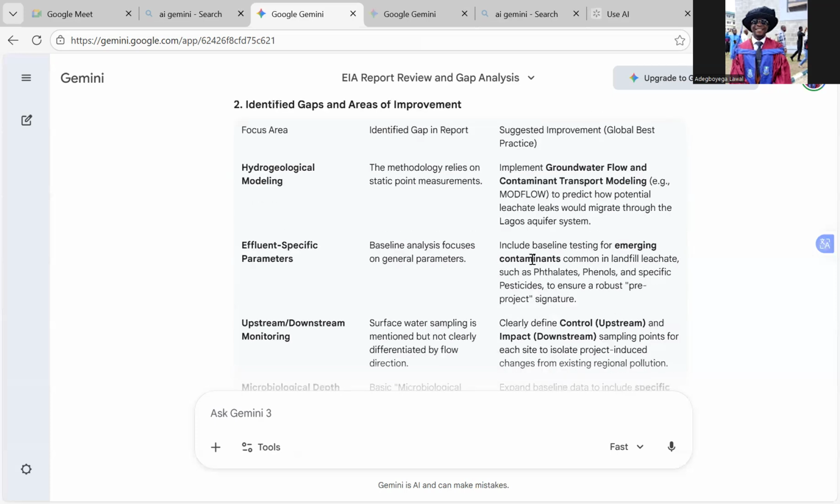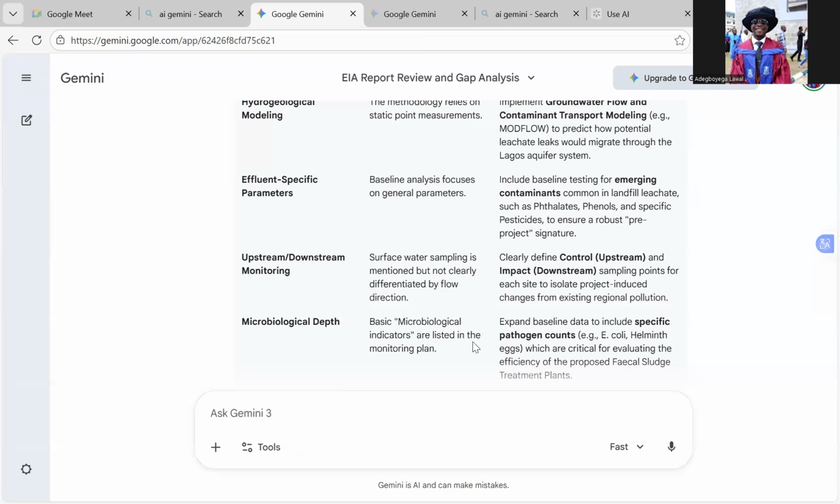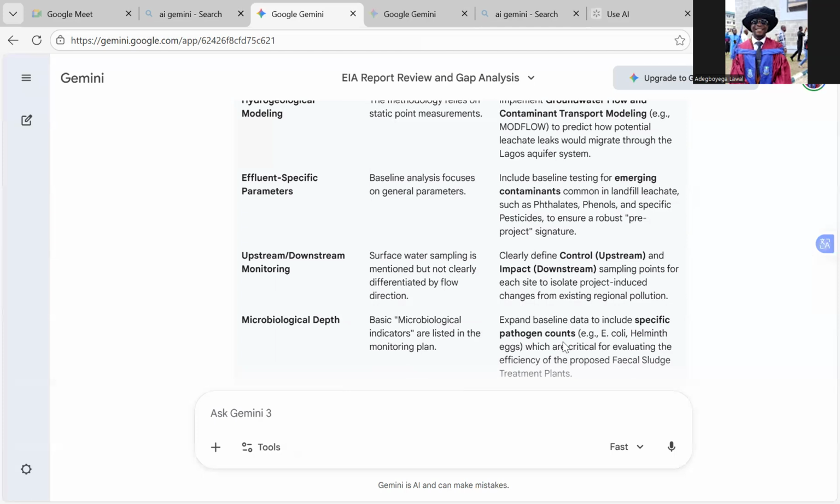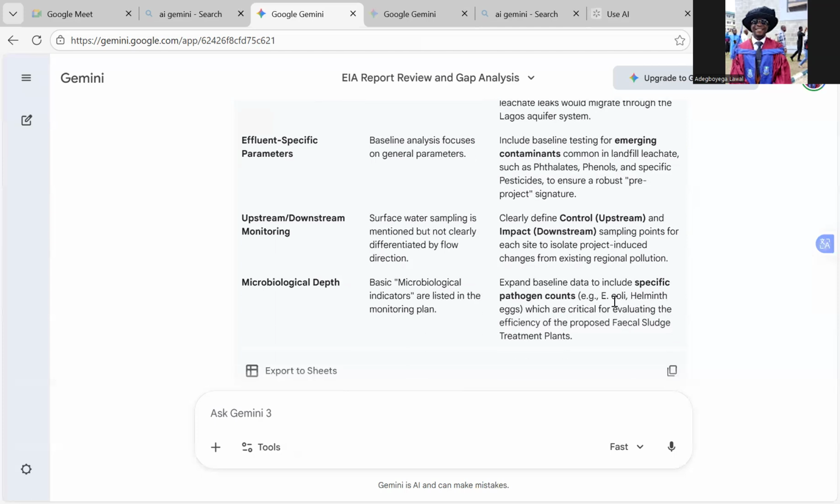It's very important for groundwater contamination. Effluent-specific parameters include baseline testing for emerging contaminants in landfill, such as phthalates, phenols, and specific pesticides, to ensure a robust pre-project signature. Upstream and downstream monitoring, microbiological depth, specific pathogen counts like E. coli, helminth eggs.